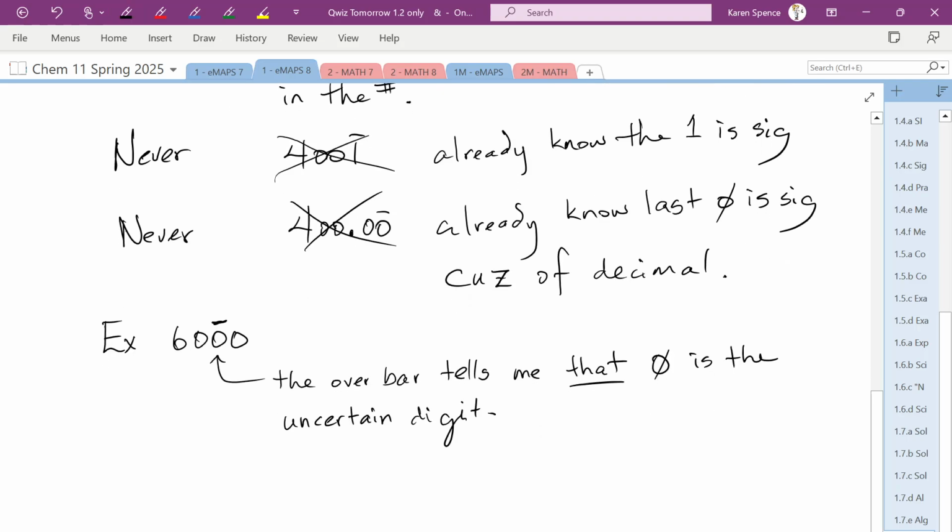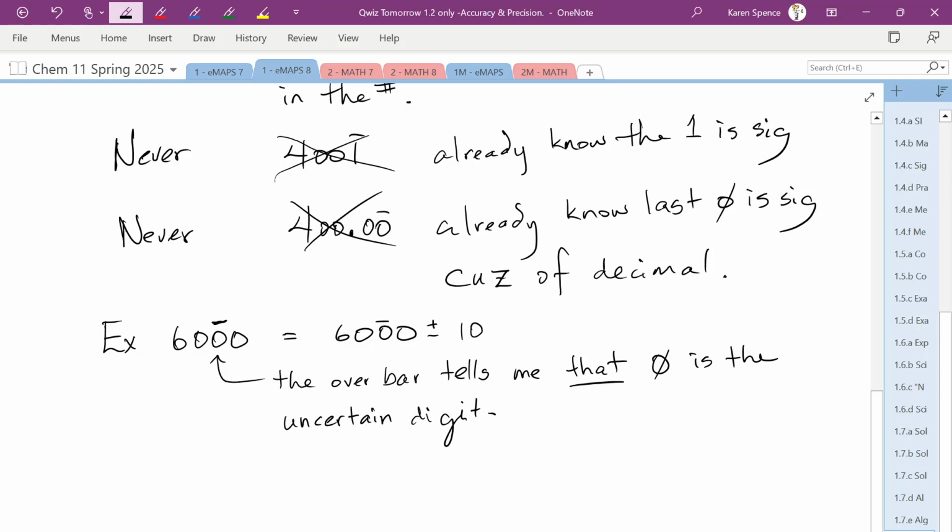And if that digit is uncertain, that means the 6,000 is actually 6,000 plus or minus 10, because my uncertainty is in the tens position.